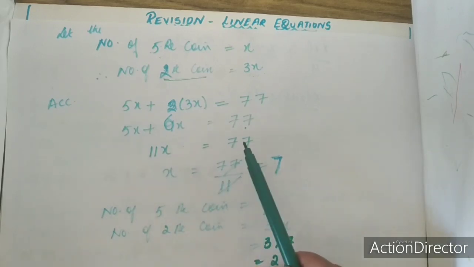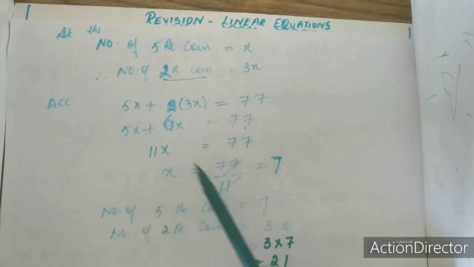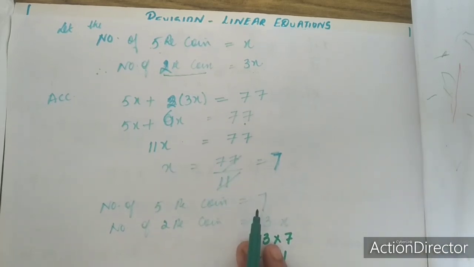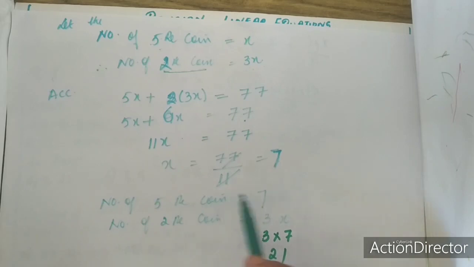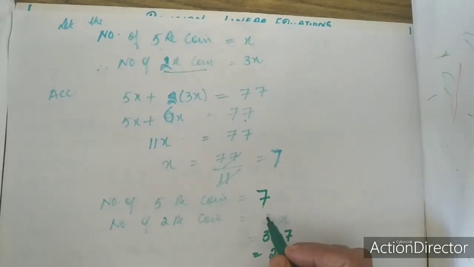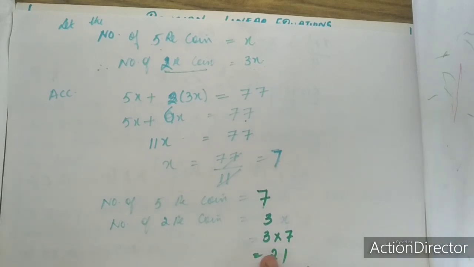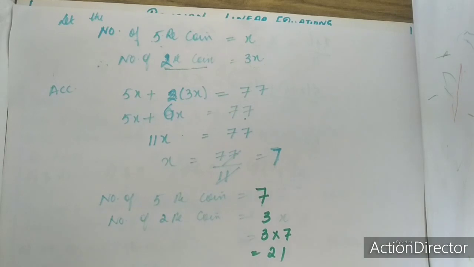Therefore 11x is equal to 77 or x is equal to 77 upon 11 which is equal to 7. Therefore the number of 5 rupee coins is equal to 7 and the number of 2 rupee coins is equal to 3 into x, which is equal to 3 into 7, that is 21.